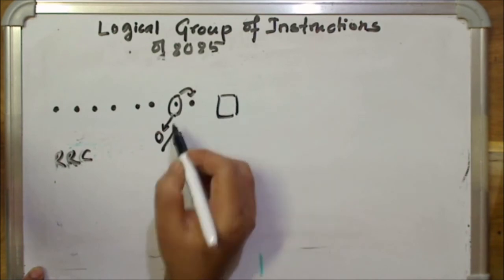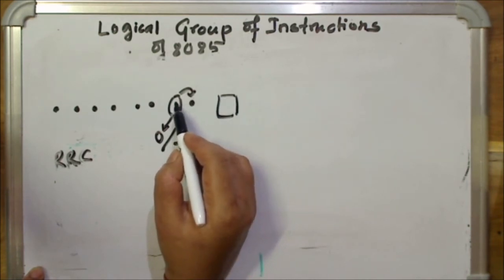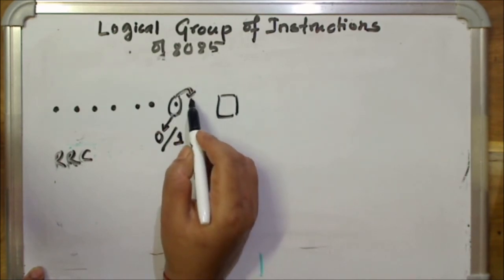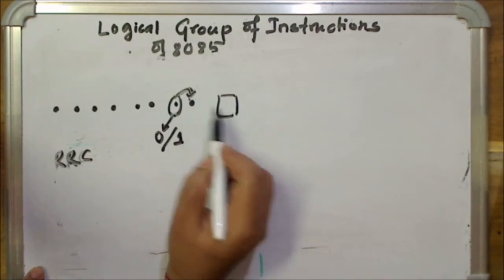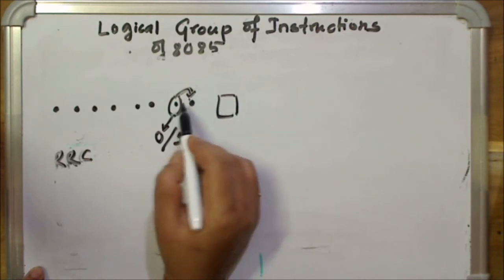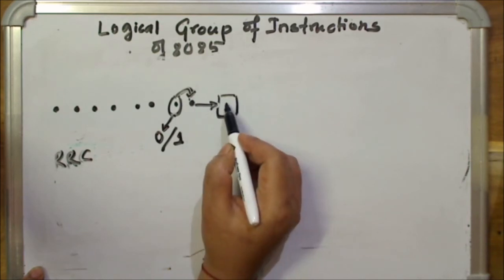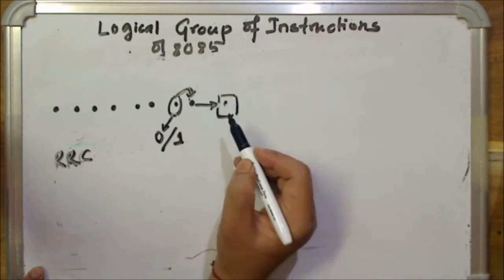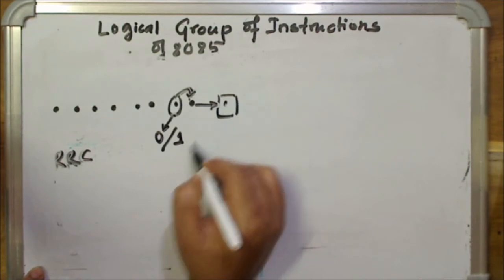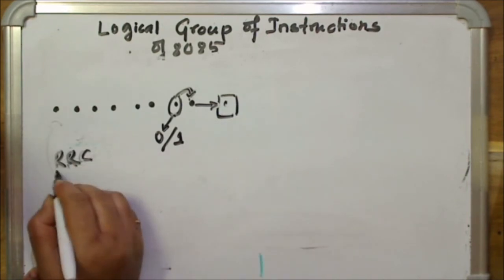This is your carry flag. After you write RRC, this bit will shift here, and this bit will be shifting over into the carry flag, and this bit will also go here. This is after the first RRC.